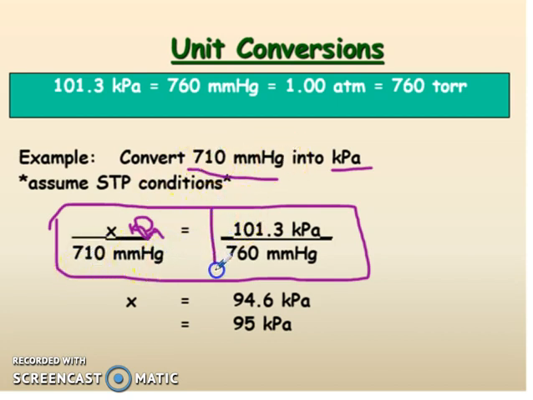On the right side, instead of writing your coefficient, you're going to write in the values from the unit conversion chart. If the numerator is kPa, you write the value of kPa in the numerator on the other side. My denominator is millimeters of mercury, so the denominator on the other side has to be the value of millimeters of mercury. Once you have this set up, you do cross multiplication and solve for X.